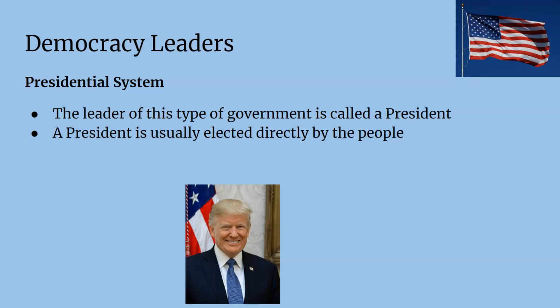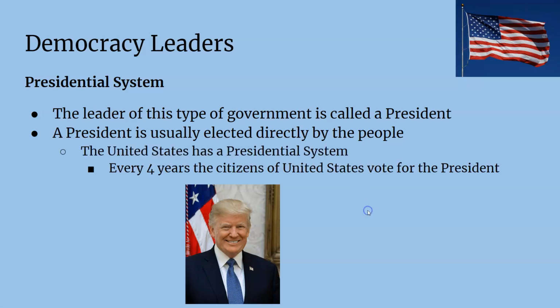You're punching their name on the ballot, for who you want to vote for. Every 4 years, the United States votes for a new president. That's how we make change and have our voices heard in who leads us.